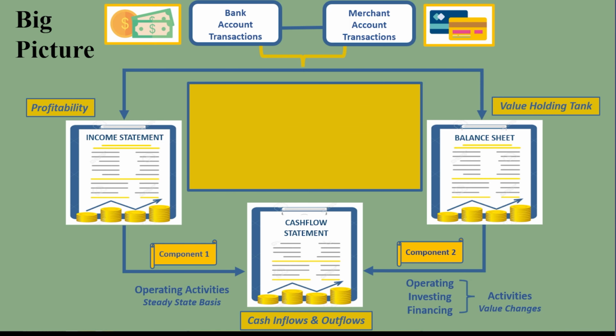And now, let's go over the cash flow mechanics once again. We have a bucket of cash at the beginning of the period. We add or subtract cash to that bucket based on component 1, net profit or loss on a steady state basis.